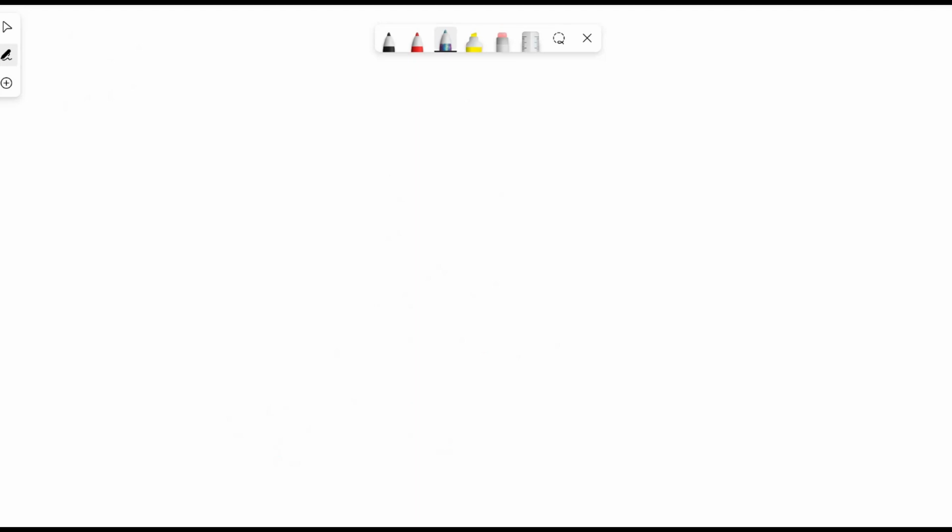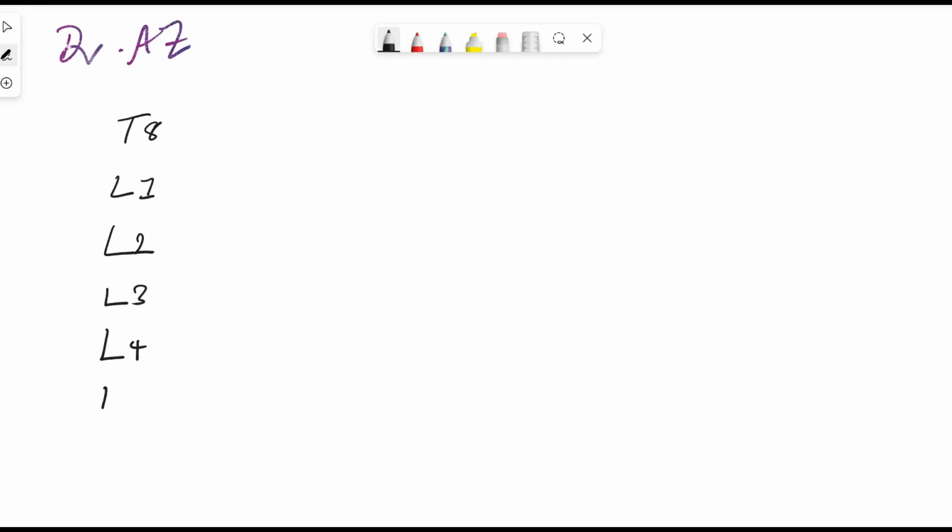As we mentioned before, the inferior vena cava extends from L5 to T8, but you want to use these levels to know the tributaries, because there are tributaries at the level of T8, at the level of L1, which is the next level, and at the level of L2, L3, L4 and L5.